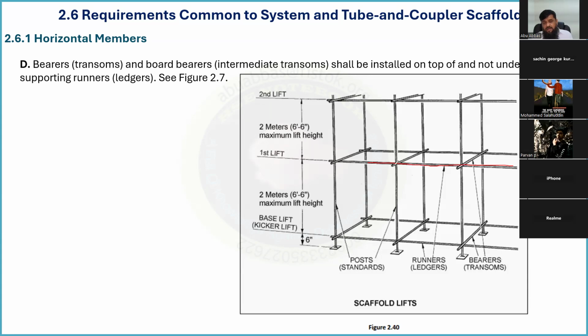So the runner is the one which will tell us, and where the runner will be down, the transom will be up. The transom or board barrier will be up, and the runner or our ledger will be down. Okay. But they will remain inside the post, even at the end. This is also inside the post, this is also inside the post. We can install braces inside, but at the same time we can install braces outside. All other members will remain inside the post.